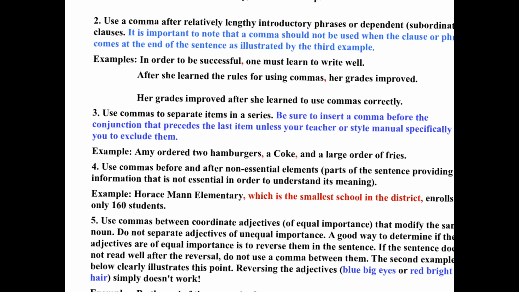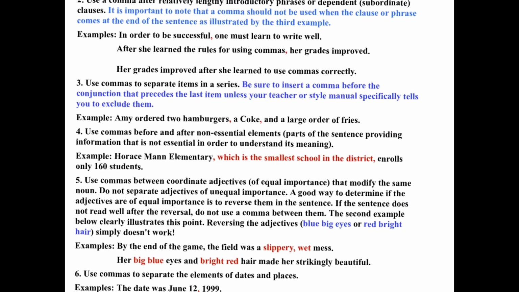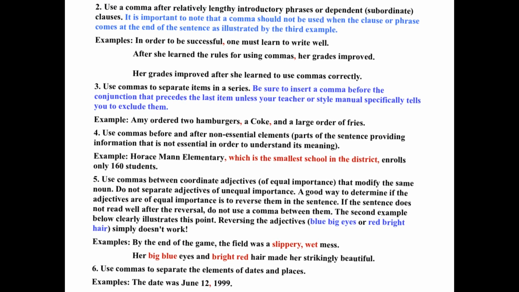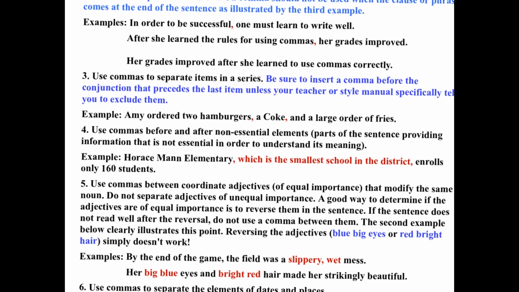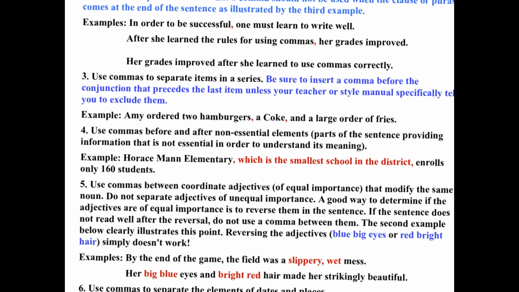Use commas before and after non-essential elements. These are appositive phrases. Take a look at this sentence right here. Horace Mann Elementary, which is the smallest school in the district, enrolls only 160 students.